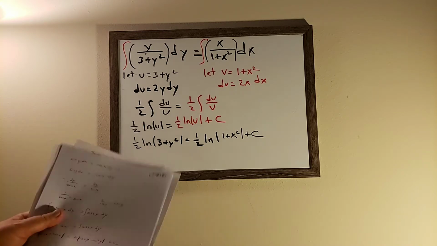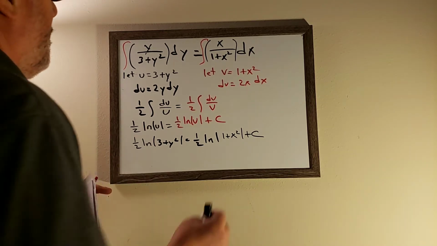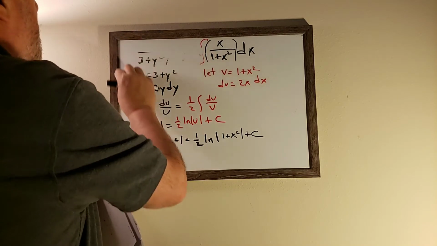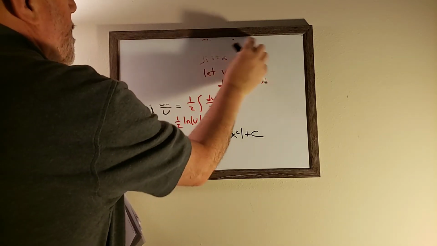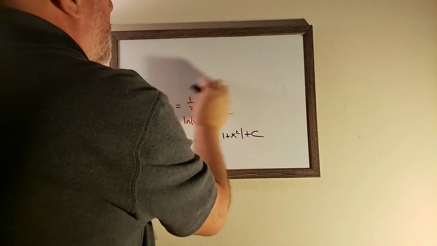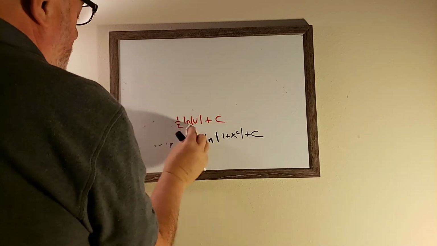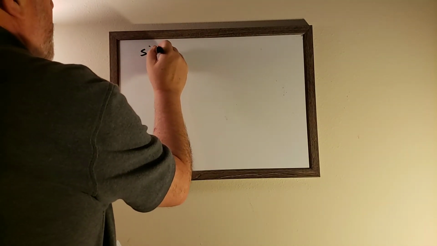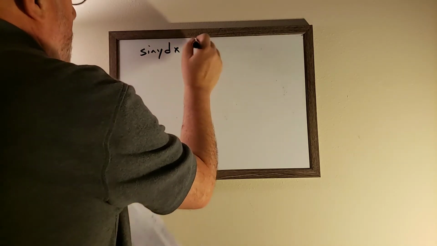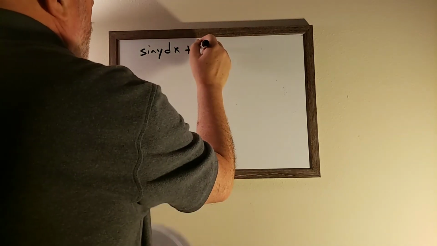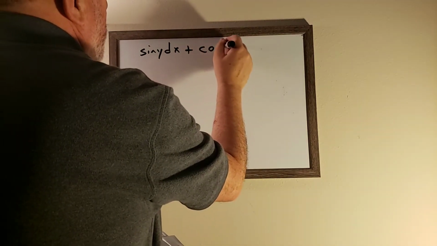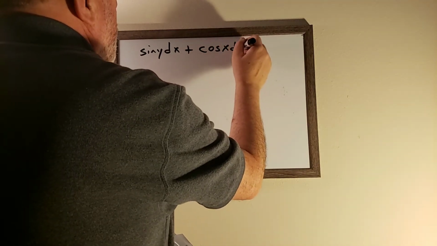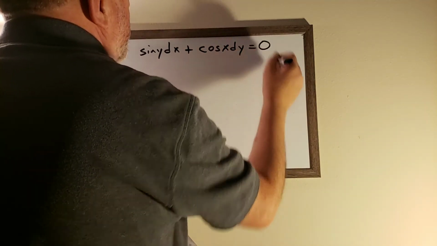Right? So one last one, this time involving trig functions and how this works. And so one involving sine and cosine. So I now have sine y dx plus cosine x dy equals 0.